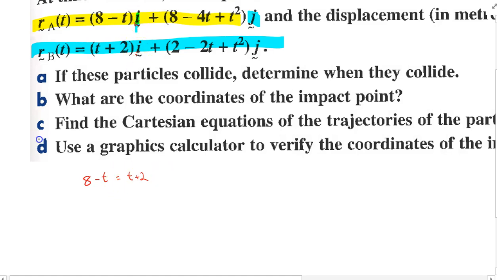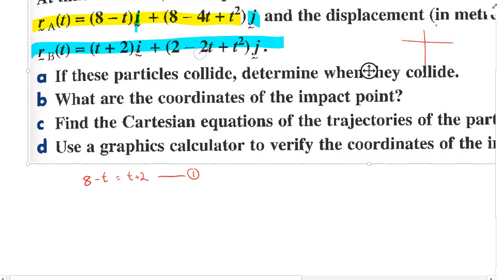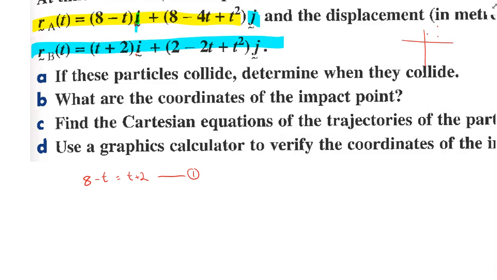So there's equation 1. But it's not good enough for the two particles to just line up horizontally, because just because they're lined up horizontally doesn't mean that they're going to hit each other. They could be one here, one here, one here. They're lined up horizontally, but they're not lined up vertically. Two planes flying overhead, they're lined up, but one's above the other.